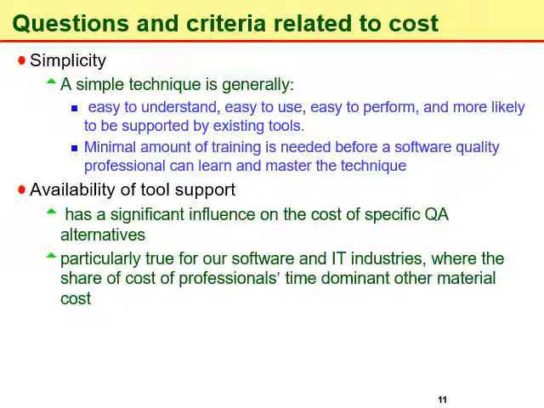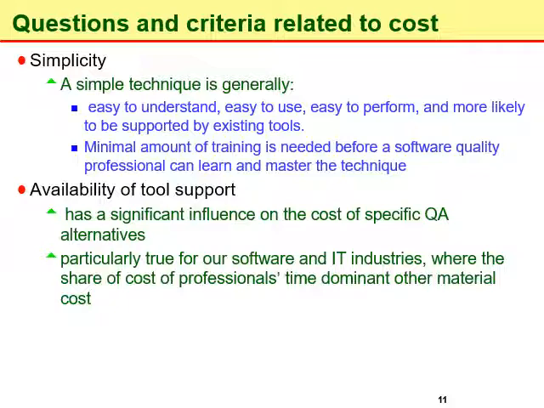Therefore, the simplicity of the technique will affect the total cost of the selected quality assurance alternative. For example, inspection is much simpler than formal verification, thus costing significantly less effort and cost to perform as compared to the formal verification.